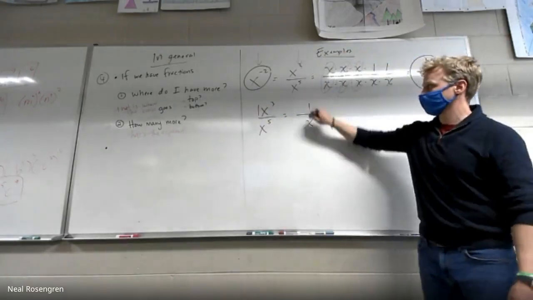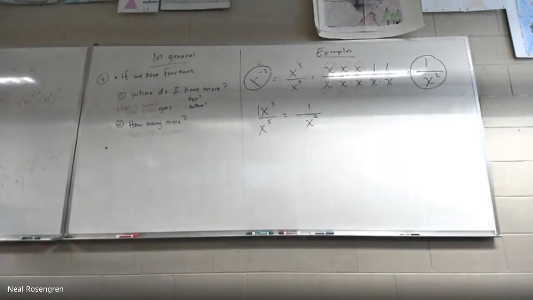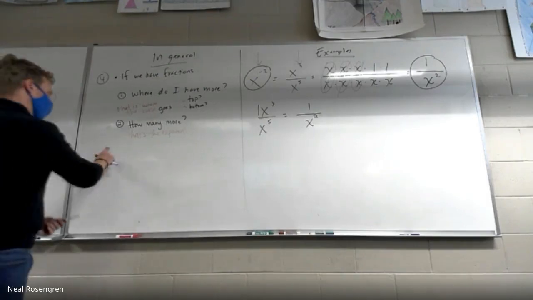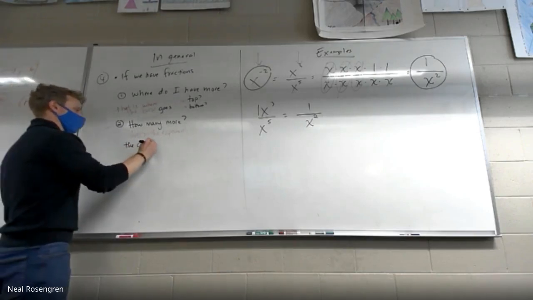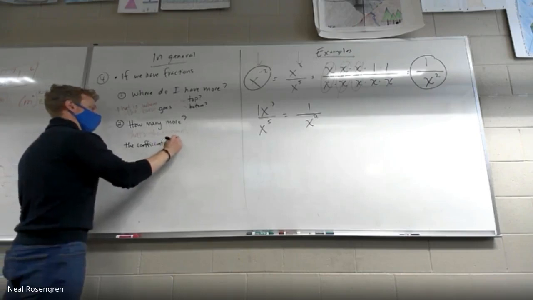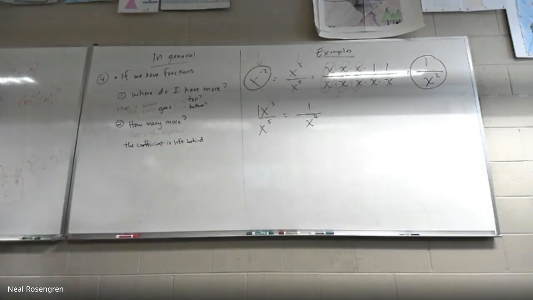It's the coefficient, whatever's left. Nailed it. Perfect, right? Because this is b to the fourth over 1. But it's that one right there. That's not the exponent. The coefficient is left behind. Bring it with me.